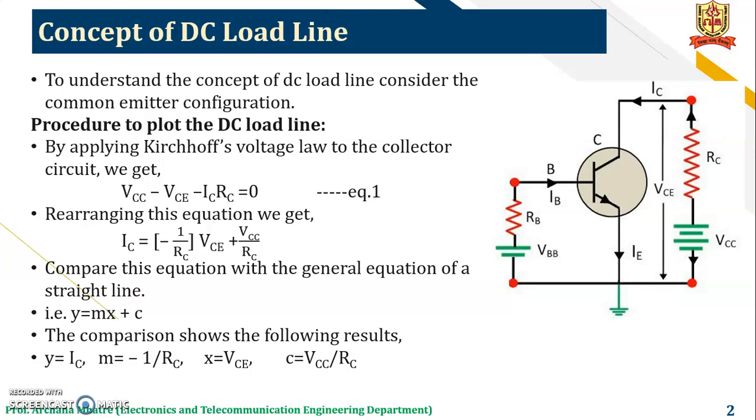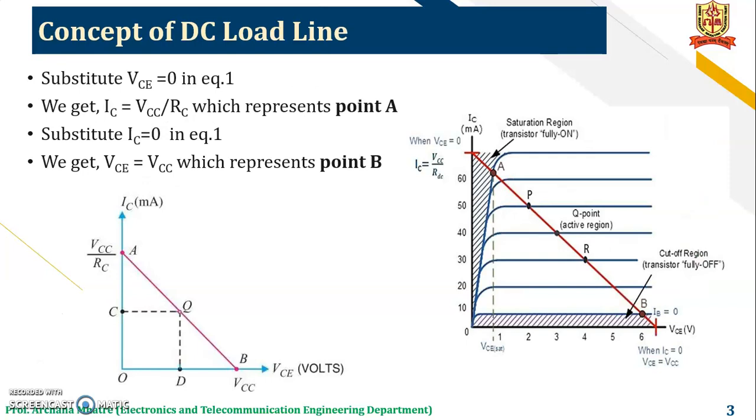The comparison shows the following result: y is equal to IC, m is equal to minus 1 divided by RC, x is equal to VCE and c is equal to VCC divided by RC. Now substitute VCE is equal to 0 in equation number 1.